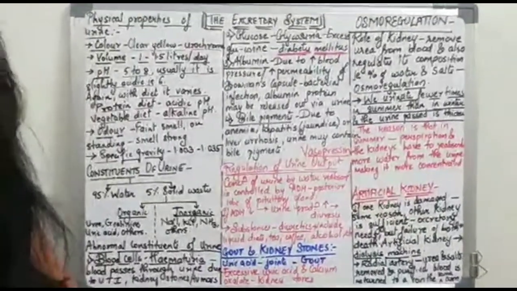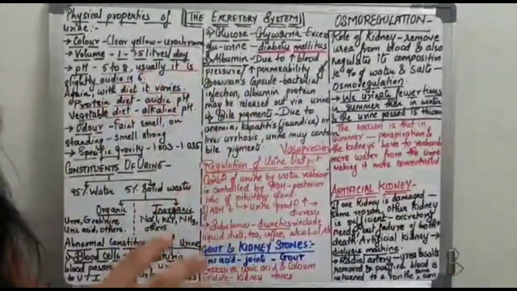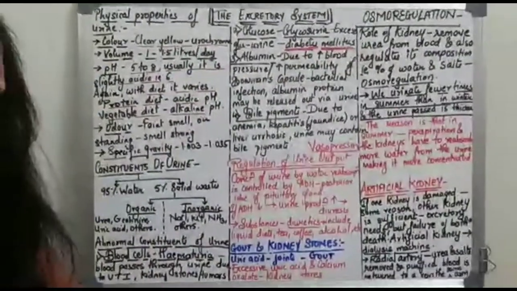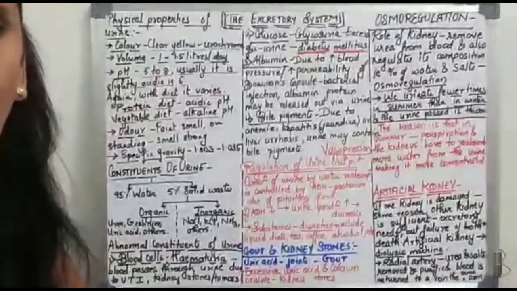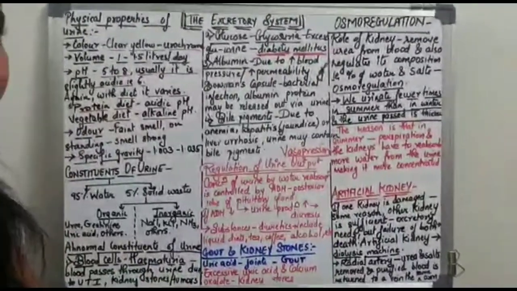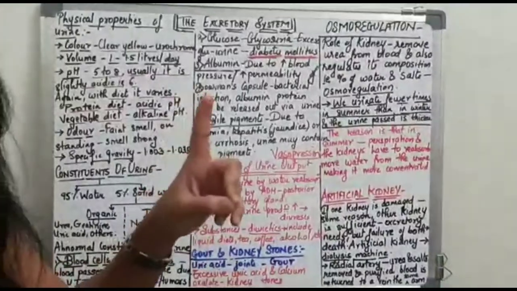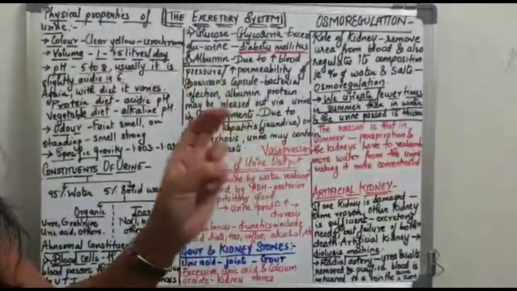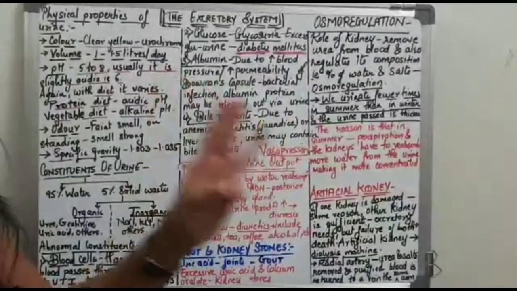You'll remember that there are three important steps in urine formation. What are those three steps? The first one is ultrafiltration, the second one is selective reabsorption, and the third one is tubular secretion.